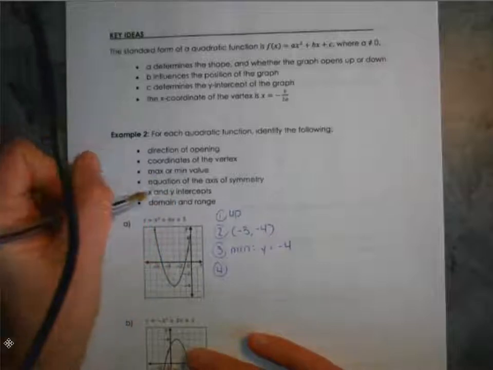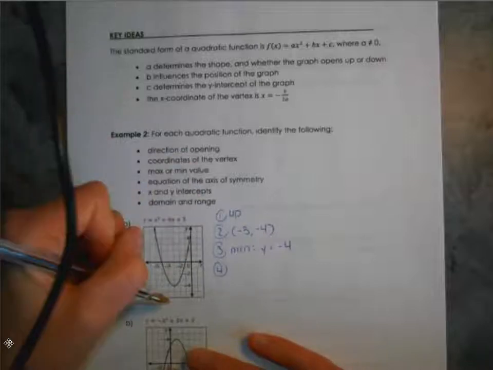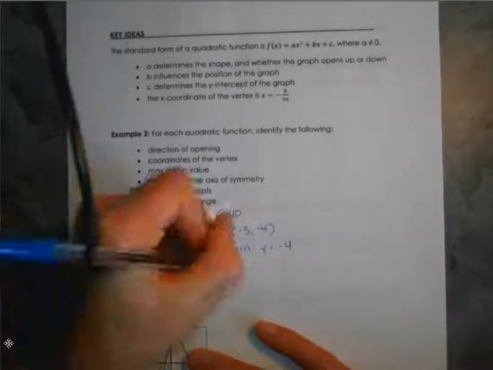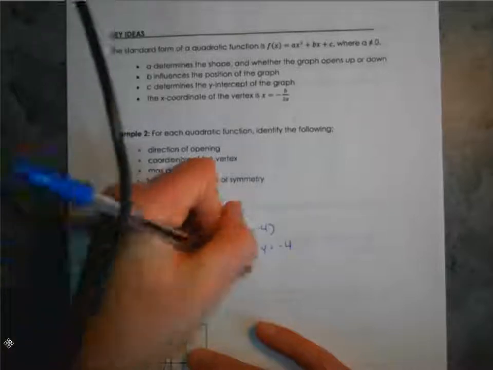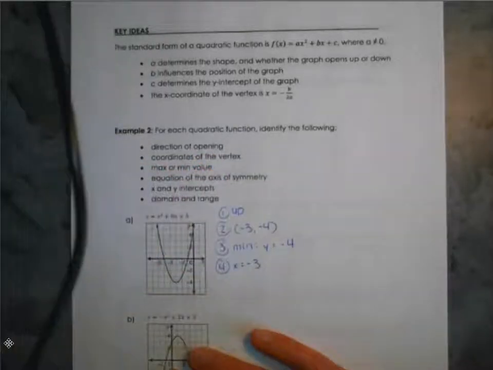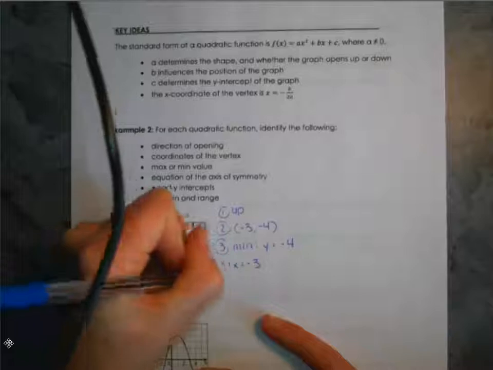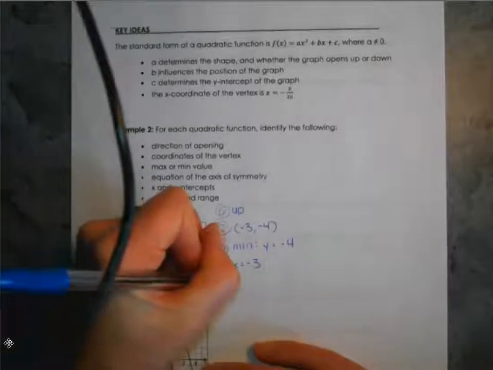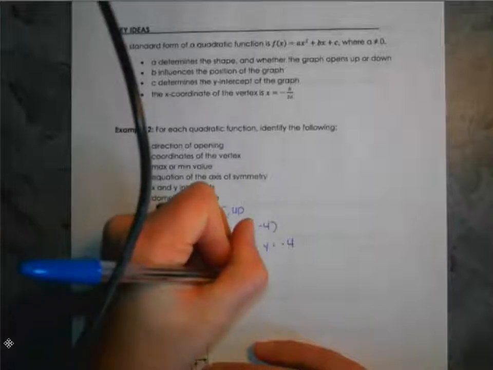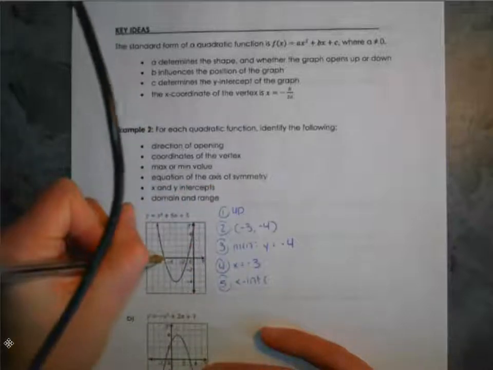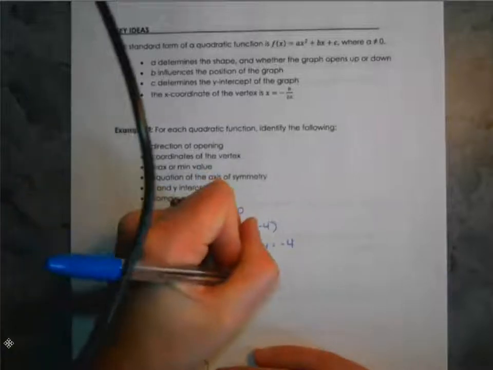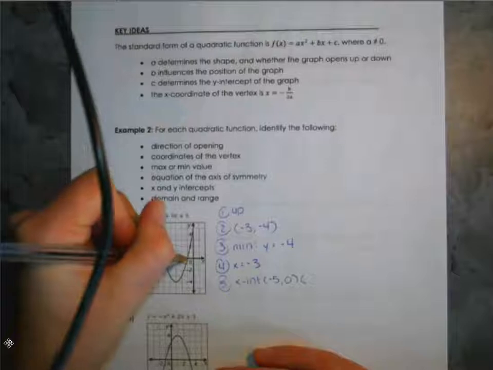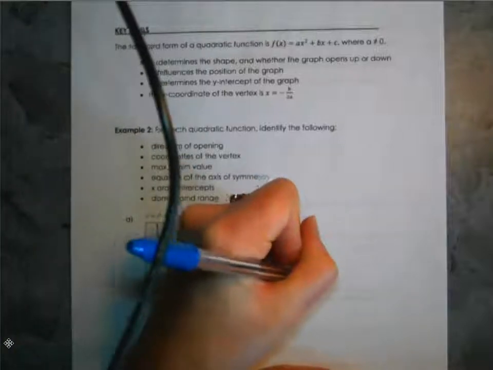Okay, so axis of symmetry, right? So going up along here, we can see that our axis of symmetry is going to be x equals -3. The next thing we needed to do was x and y intercepts. So for our x-intercepts, we are going to have (-5, 0), and we're also going to have a second one, which is going to be (-1, 0).